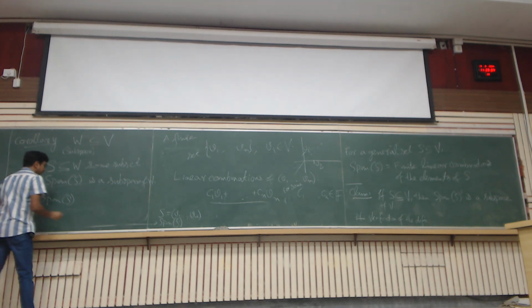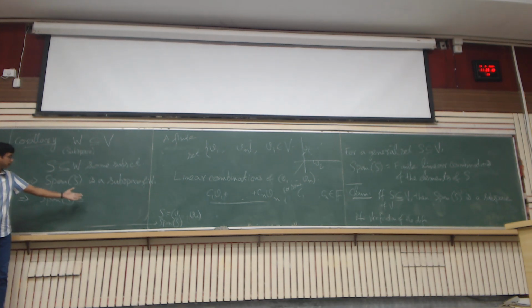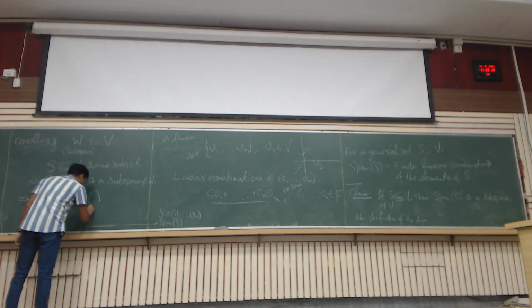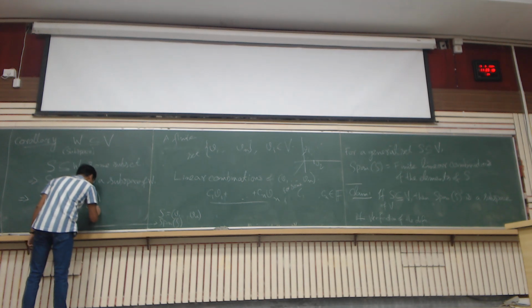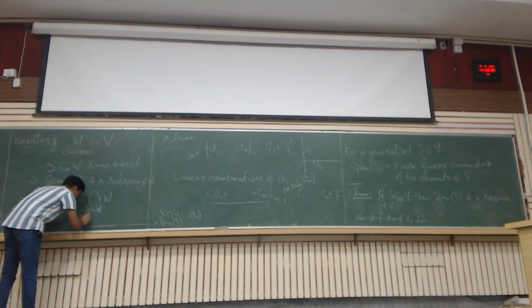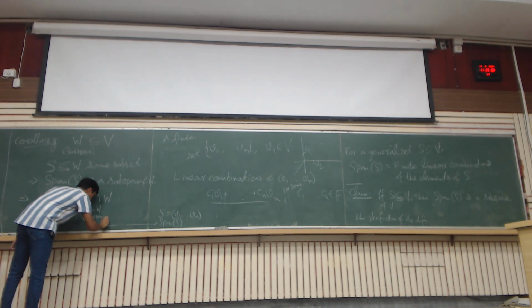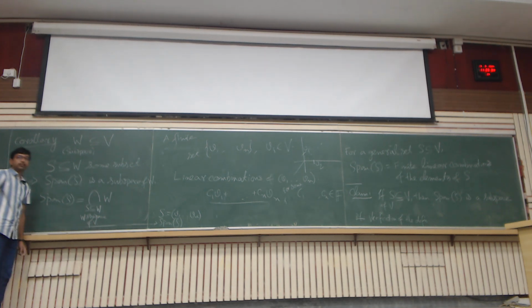Span is actually the intersection. I mean, it sits in all the subspaces that contain S. So this is basically the intersection of all the subspaces of V that contain S. So you still need a little more argument to show that this is indeed this.